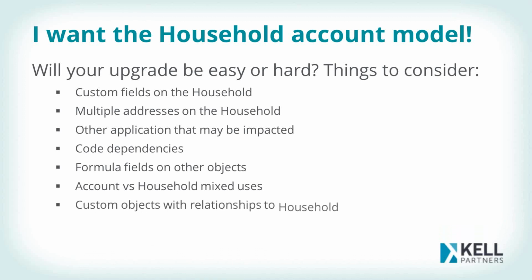This is actually a little more complex because changing a primary relationship on a custom object can be tricky. It can have big impact depending on the type of relationship, depending on the data that's already in it. So it's yet another thing where we go through, we make a checklist, we just analyze the impact. That's where figuring out is it going to be easy or hard? That's one of the areas that could potentially make it hard depending on how you're customized.